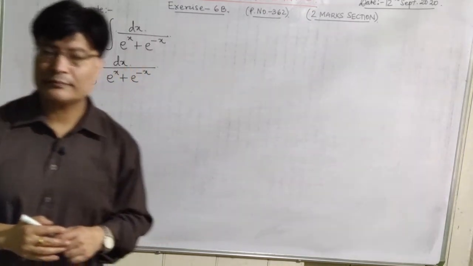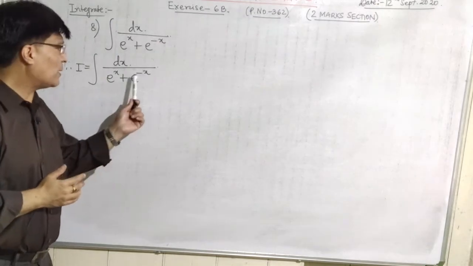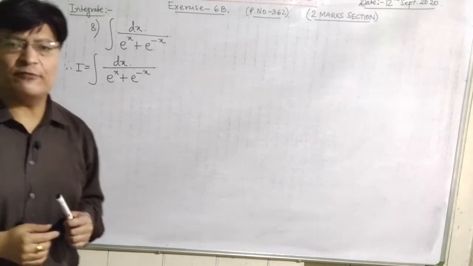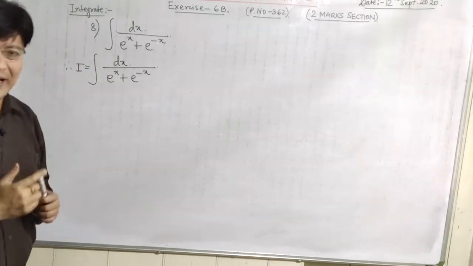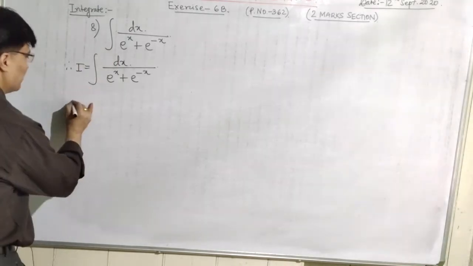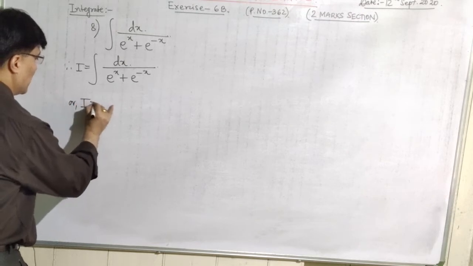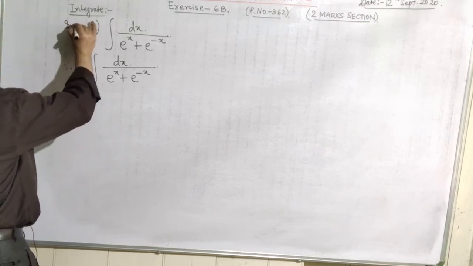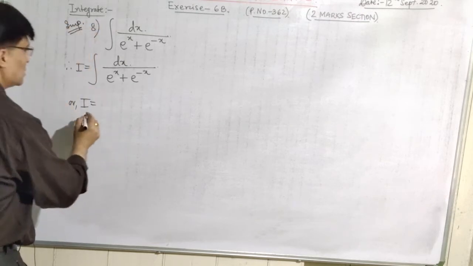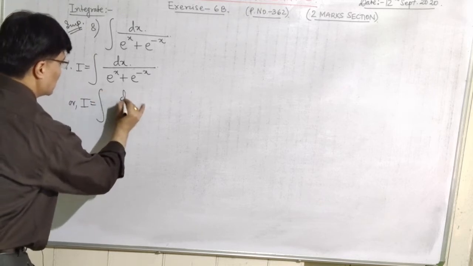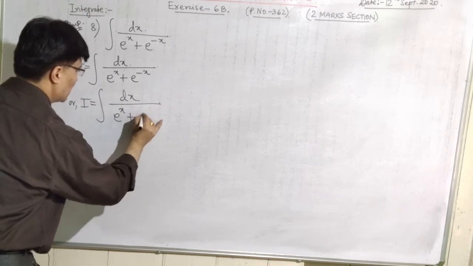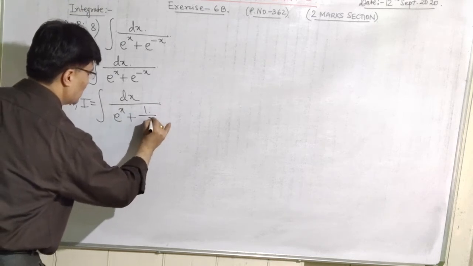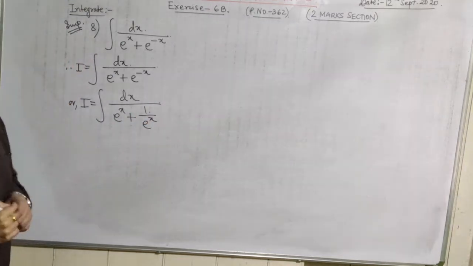Now here e to the power minus x you can simplify further. E to the power minus x can be written as 1 upon e to the power x. Let us simplify it first. This question is very important, you can mark it. So I is equal to integral sign dx divided by e to the power x plus 1 upon e to the power x.